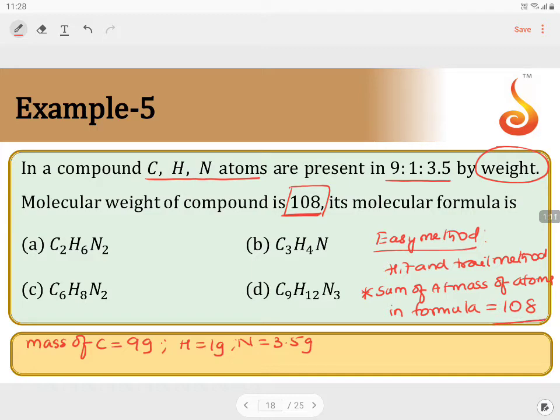That is your answer directly. So we can easily calculate it. Since they are smaller elements, carbon, hydrogen, nitrogen, none of them has huge atomic masses. Easy calculation, so we can easily find it within seconds by the hit and trial method.